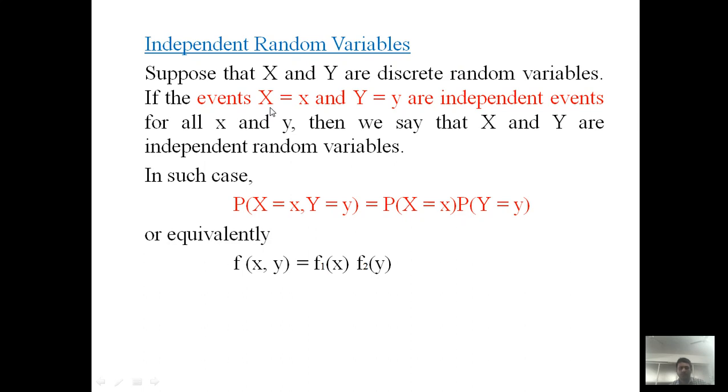If the events X equal to x and capital Y equal to y are independent events for all x and y, then we say that capital X and capital Y are independent random variables if they satisfy this equation: probability of X equal to x, Y equal to y is equal to probability of X equal to x times probability of Y equal to y.